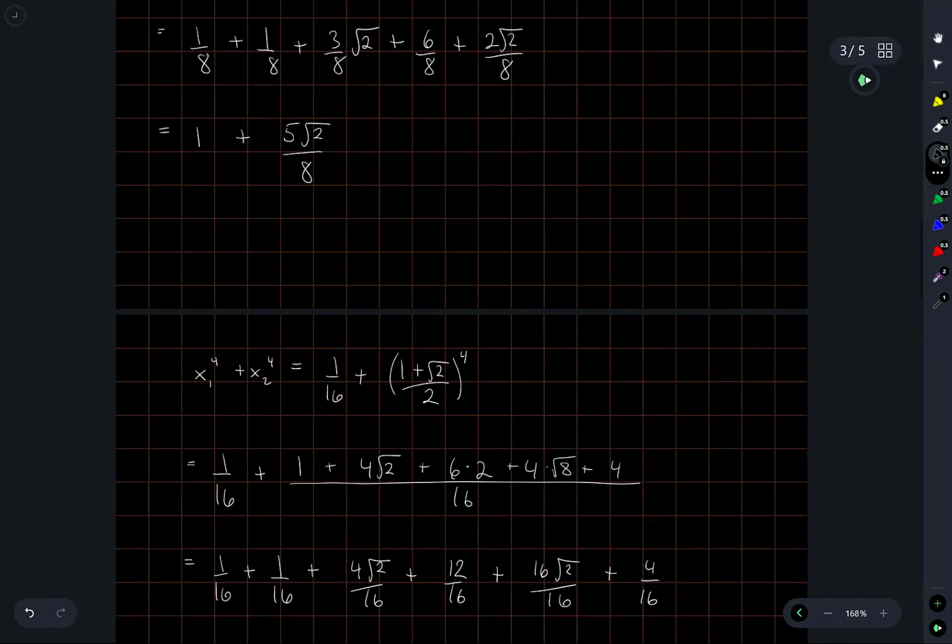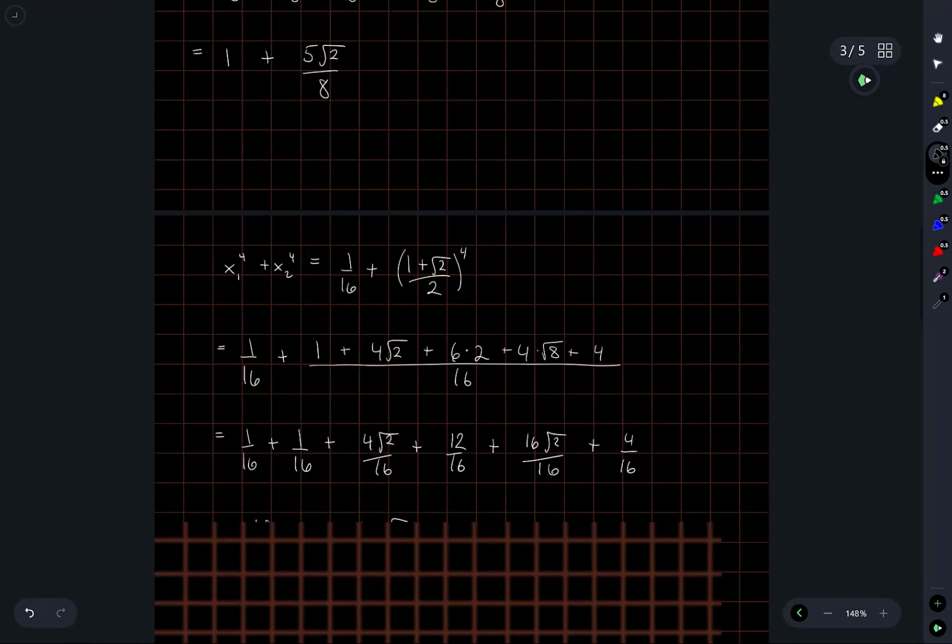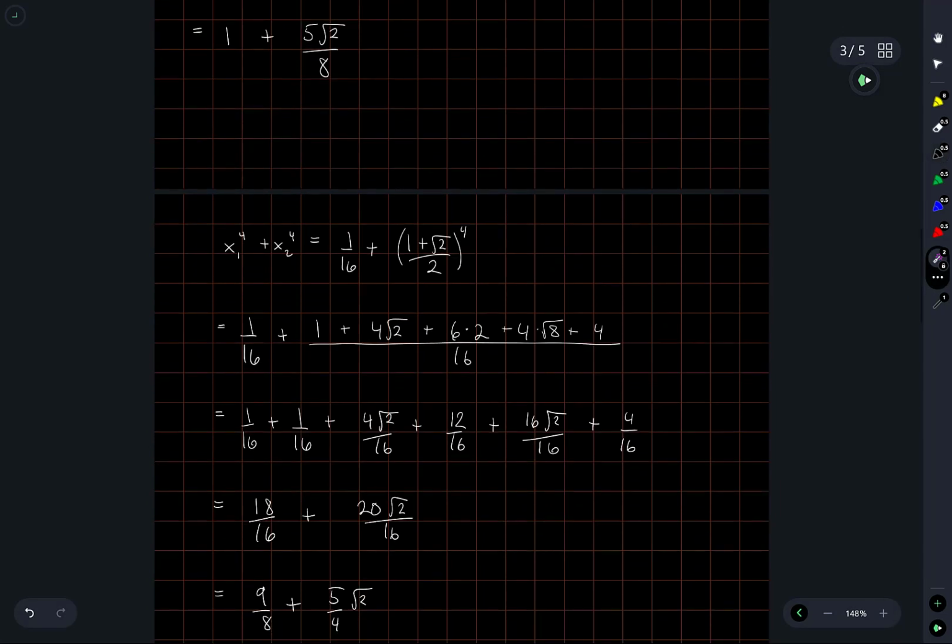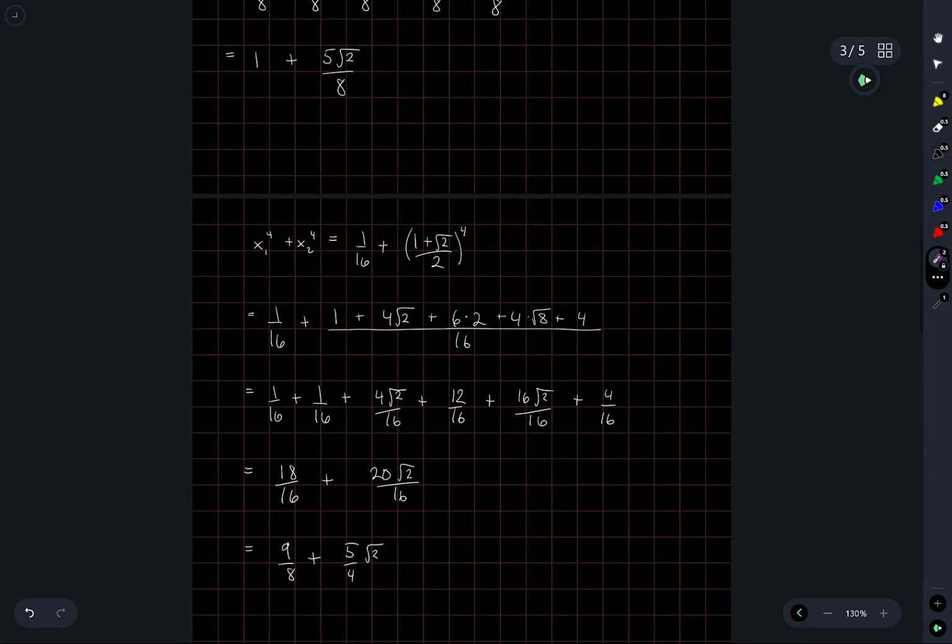Yeah, both of these have gotten bigger, right? So what I mean here is, you know, 9 over 8 is bigger than 1, and 5 over 4 is bigger than 5 over 8. So the fourth power combination is bigger than the third power.